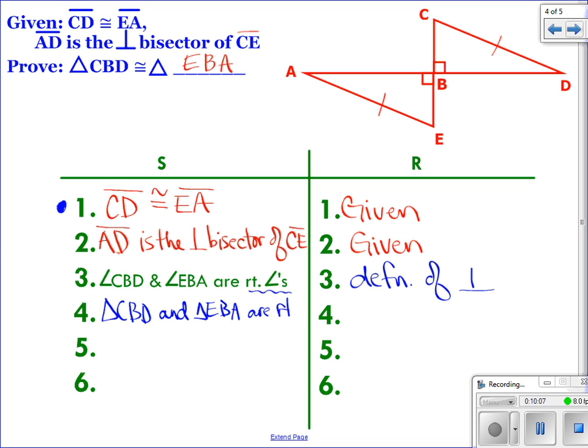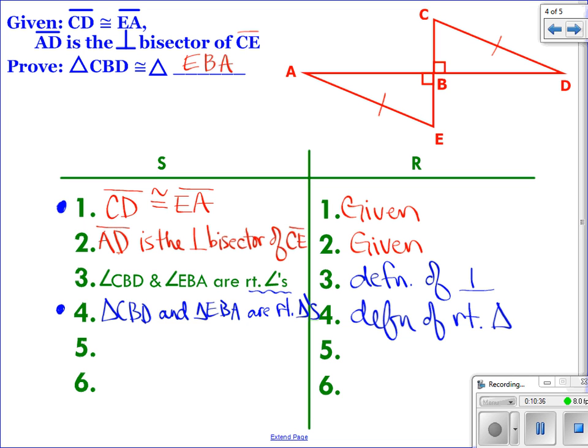This is one of the things we need to say. We need to specifically state that we have right triangles. We have right triangles because we have right angles in them. This one is definition of right triangle. Anytime you're using HL, that reason has to be somewhere in your proof. You need to say that you have right triangles because HL only works if you have right triangles.